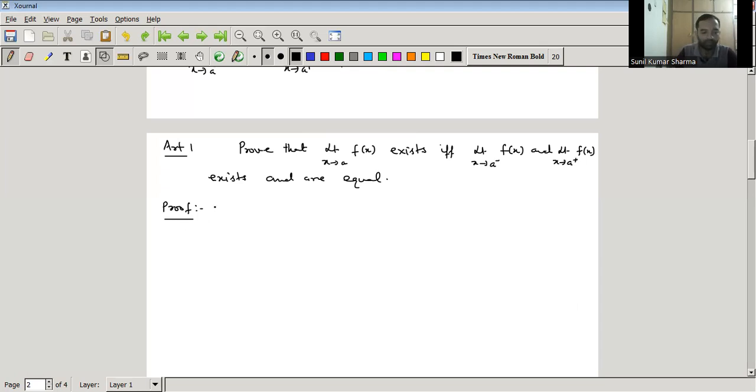So if P, let us start with that. Given that the limit as x goes to a of f of x exists, so if the limit as x goes to a of f of x exists, then it is equal to some real number.